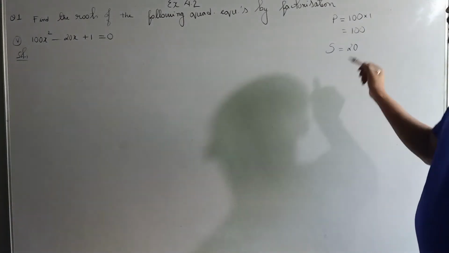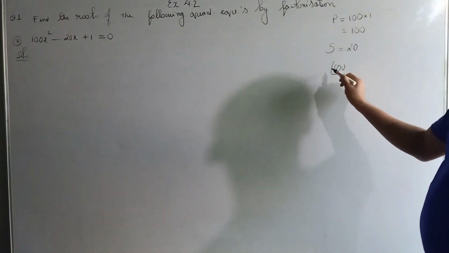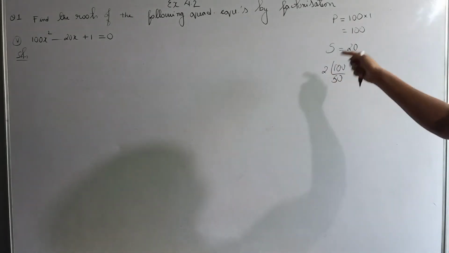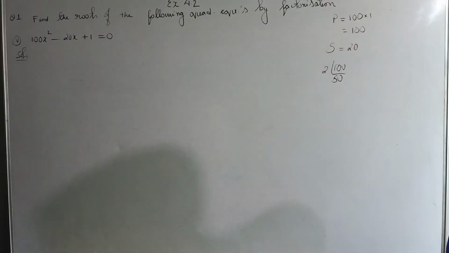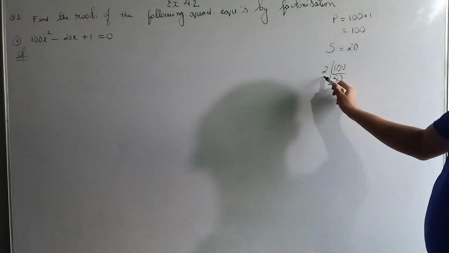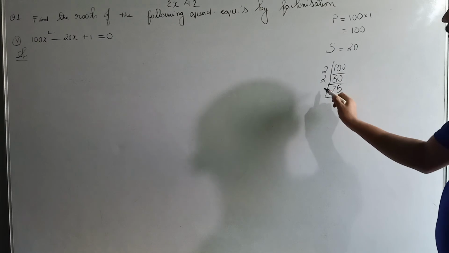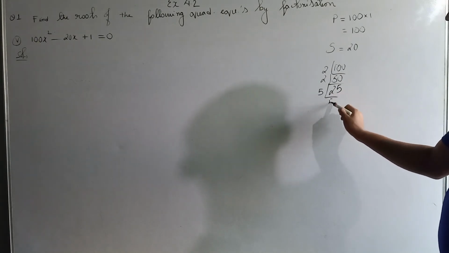Now let's factorize the product. 2 times 50 is 100, but 50 minus 2 is not 20, and 50 plus 2 is not 20. So we go for more. 2 times 25 is 50. We go for more. 5 times 5 is 25.